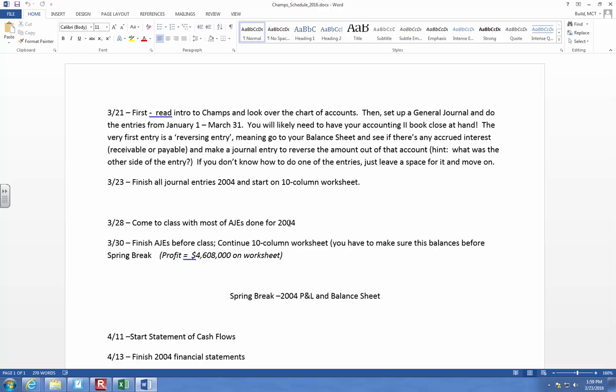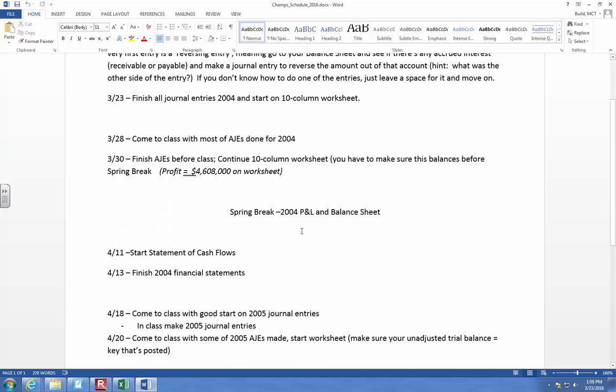Then you go to your unadjusted trial balance. All of that has to be done by Monday. By Monday, come to class with your AJEs done, your adjusting journal entries. And if you want to continue working on your worksheet, in other words, filling out that 10-column worksheet, have at it. This is a compressed time schedule, so if you can get ahead of the game, that's great.